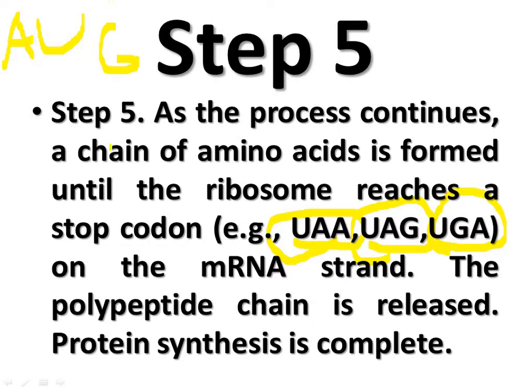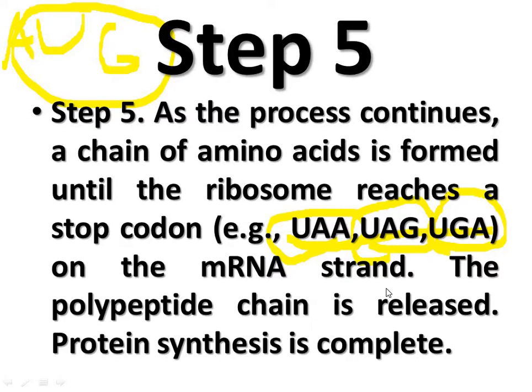Lagi po, sa lahat ng strand, mag-start po lahat yan sa AUG. Lahat po ng strand, pag natapos na po yung pagbuo ng panibagong strand, magsa-stop sila sa codon na ito. Itong tatlo pong ito. It's either UAA, UAG, or UGA.